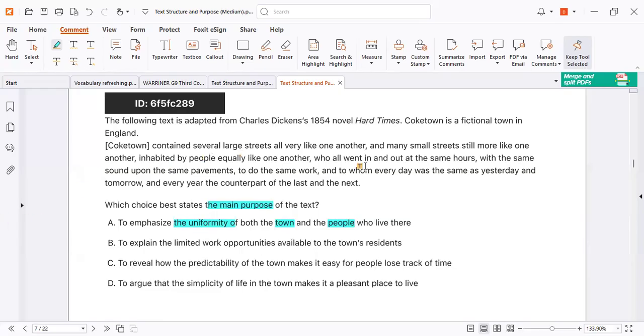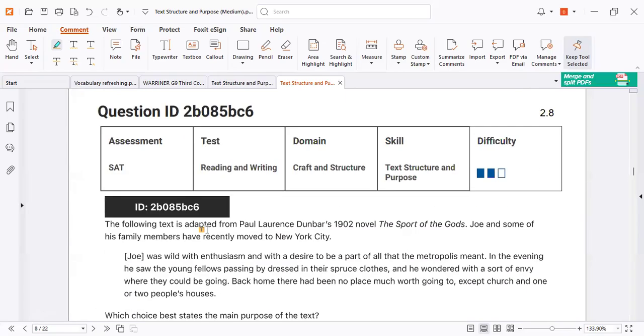As he said here, in many phrases, like one another, like one another, with the same sound upon the movement. See? So this means they are similar. That's why. Well, I'm not talking about limited work opportunities. So letter A correct. Let's try again.